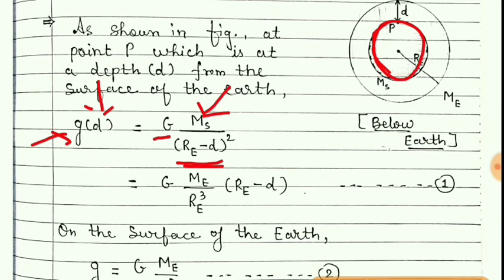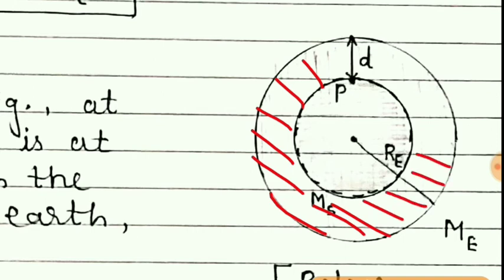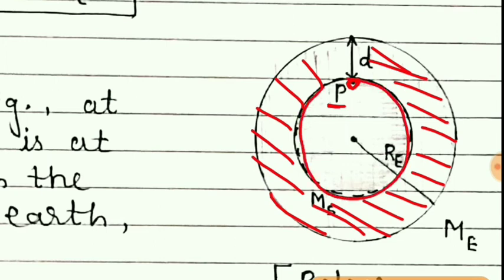Once again students, we know that this part is like a shell and it will not affect the mass at this point P. But the remaining part of the earth, that is this sphere whose mass is M_s, here we have denoted that mass as M_s, that M_s will be at its center, and so this mass at this distance will exert the gravitational force on that particle, and due to that there will be an acceleration due to gravity.